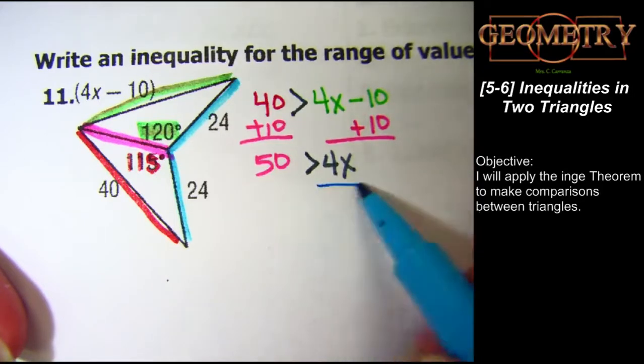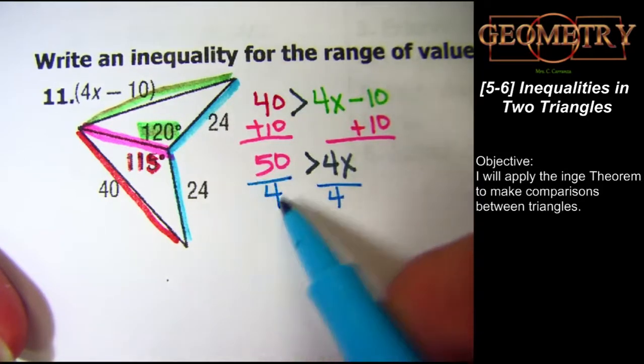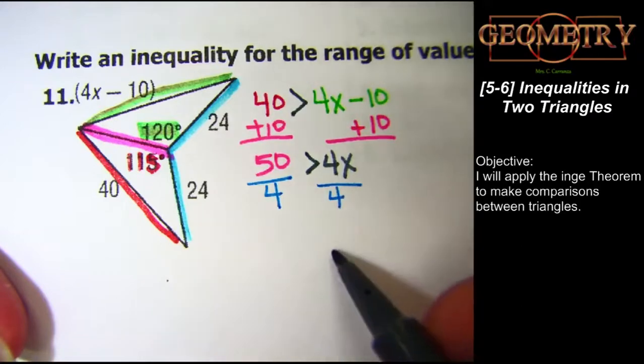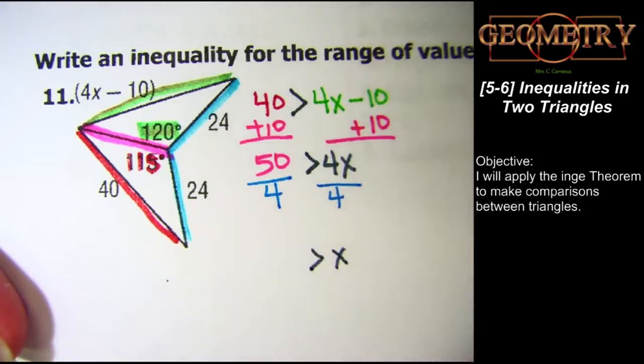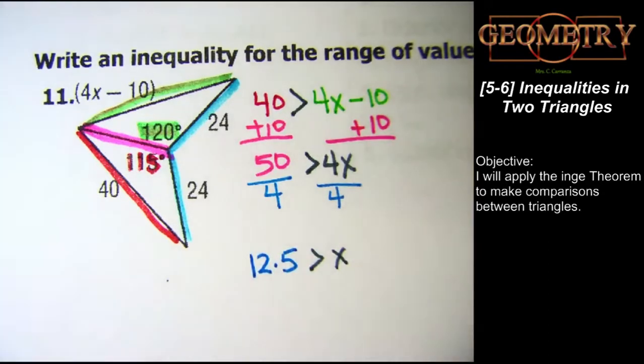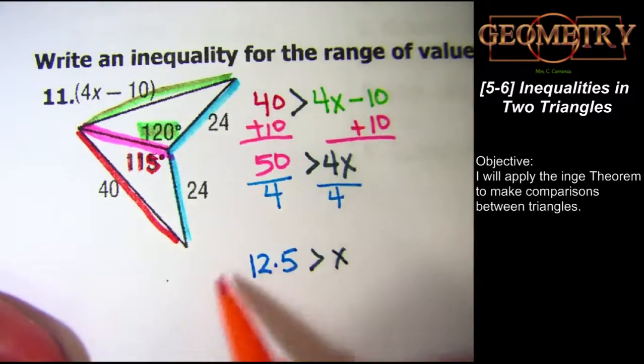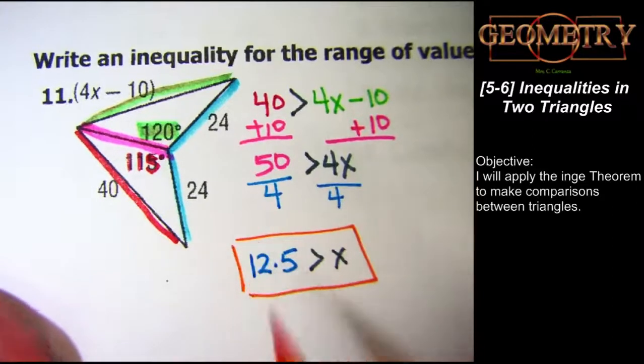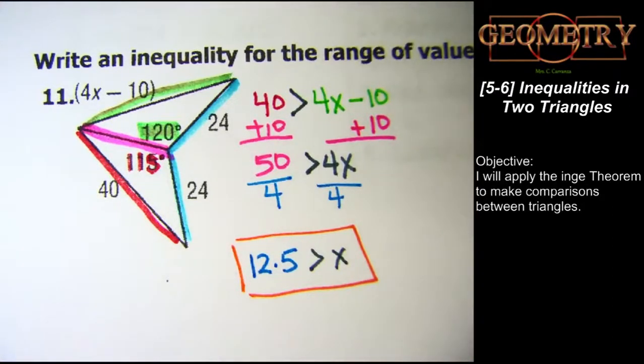Let's divide both sides by 4. And I'm going to get x is less than 12.5. Nice. And there's my inequality. As long as x is less than 12.5, we should be good.